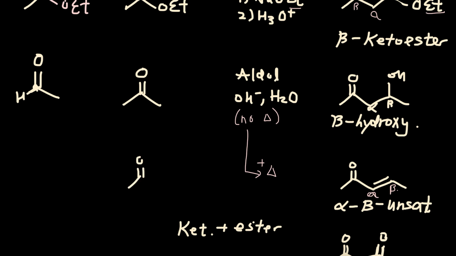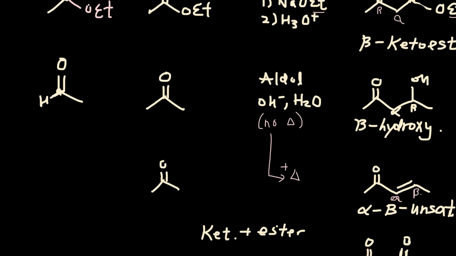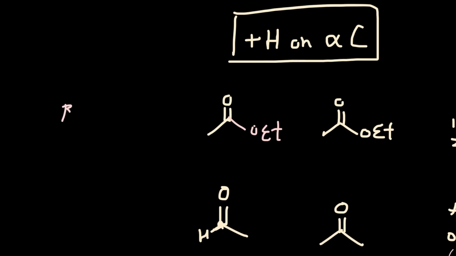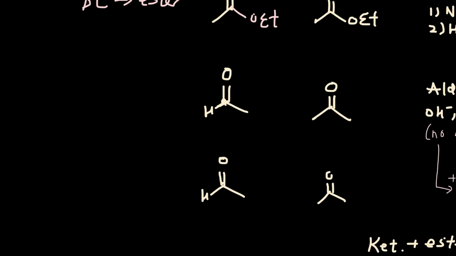So we draw the alpha side. Now the beta, instead of the alkene there, I'm going to replace it with a carbonyl. Okay, so far for Claisen, the beta carbon becomes the ester. For aldol reactions, the beta carbon becomes the carbonyl.